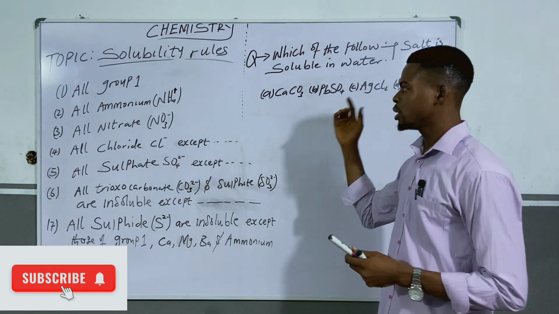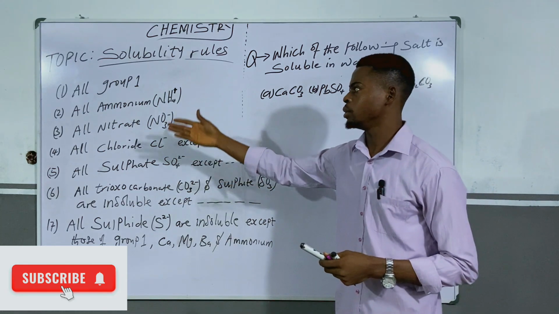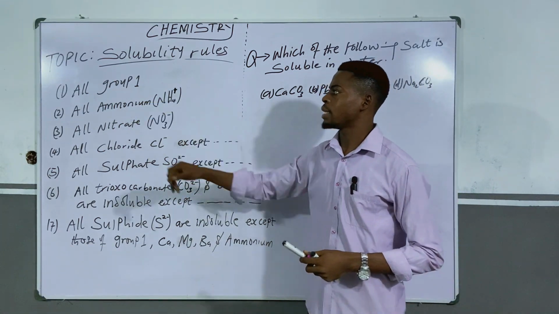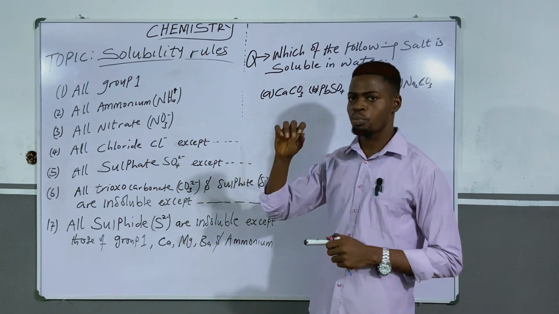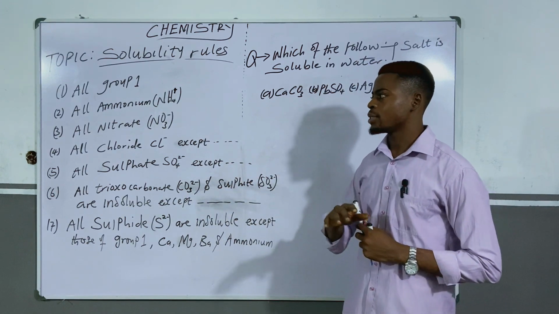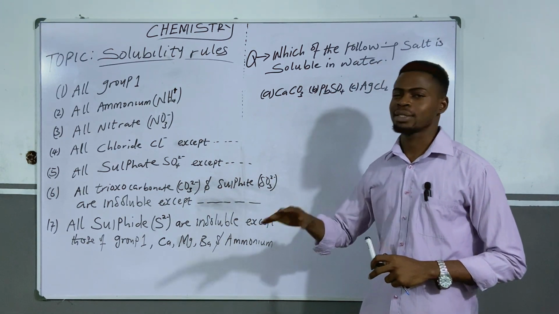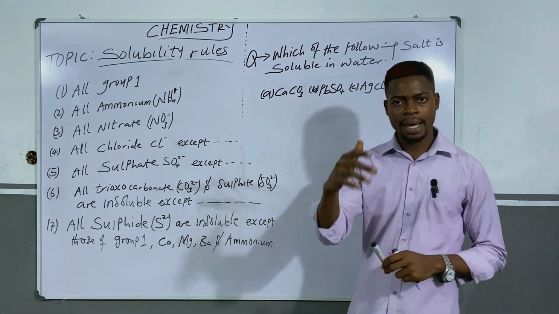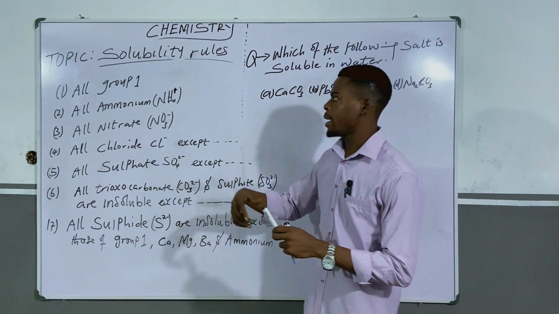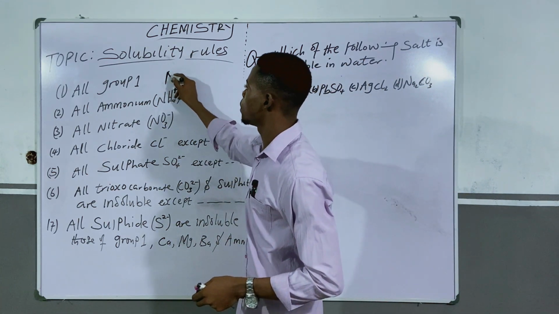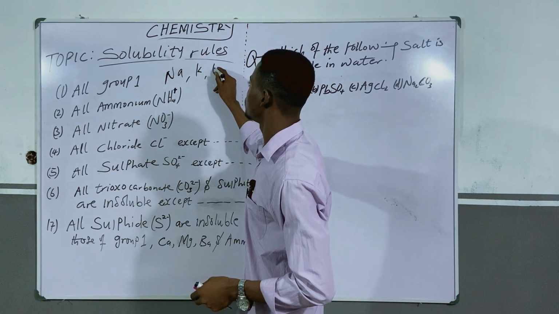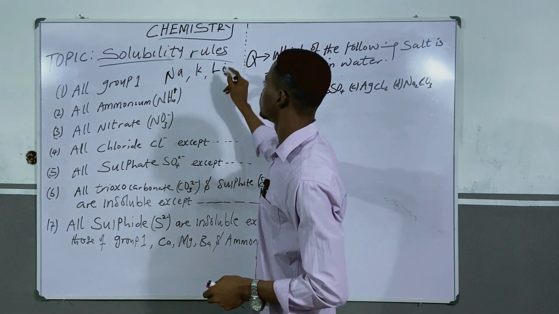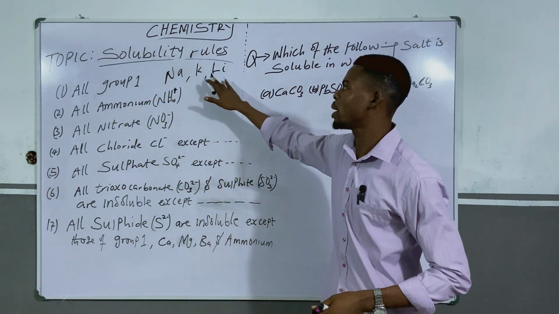Now let's look at the rules. Number one, all compounds of group 1 elements are soluble in water without exception. Group 1 elements are elements like sodium, potassium, and lithium.